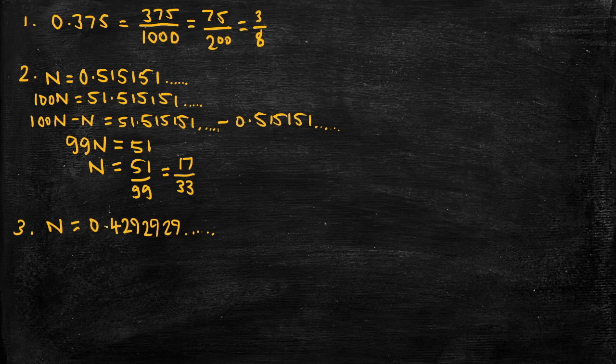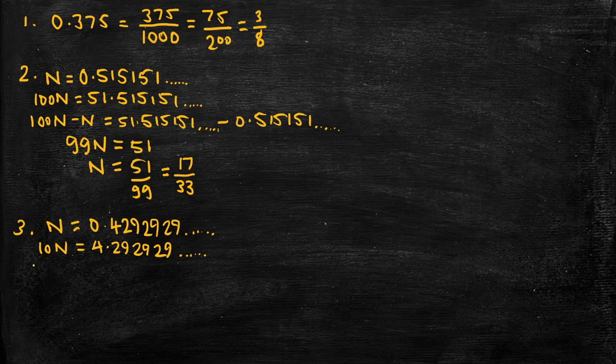So instead, let me first just move the decimal point one place. To do that, I would have to multiply by 10. And then let me try and get another number that also has 29292929 after the decimal point. If I move the decimal point 3 places, then I would achieve that.